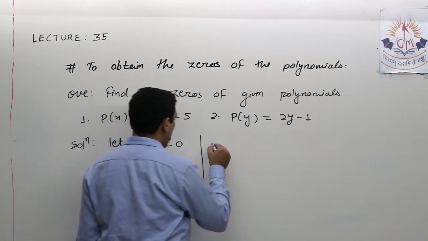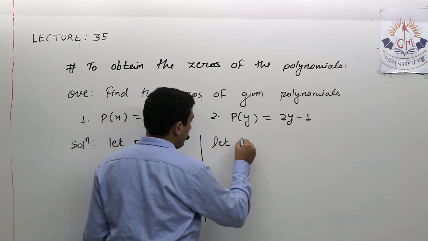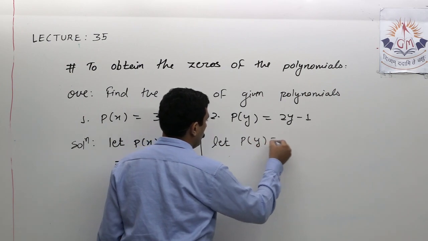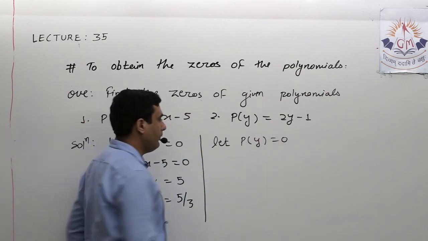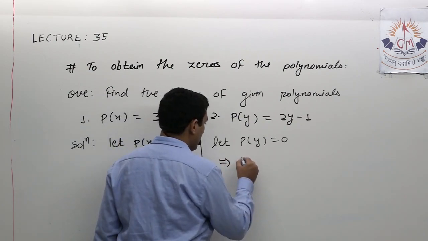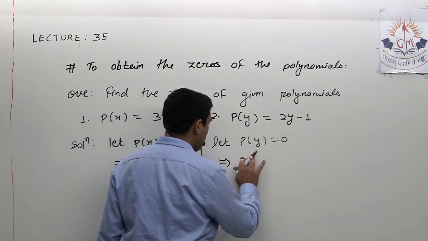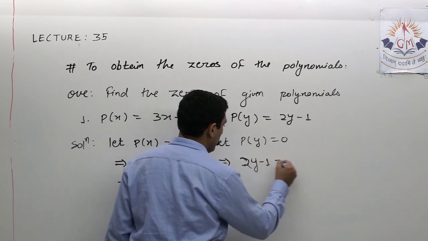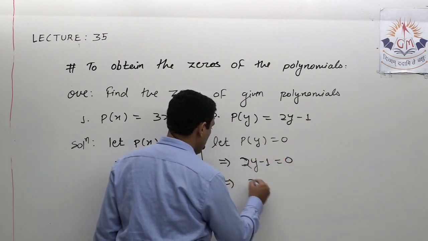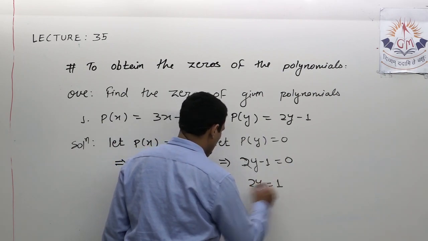Okay, let us see the next one. It's very simple. Always you have to start with this: let the given polynomial be equal to 0. Here the given polynomial is P(y), so I took P(y) equal to 0. That is 2y minus 1 is equal to 0, that is 2y is equal to 1.